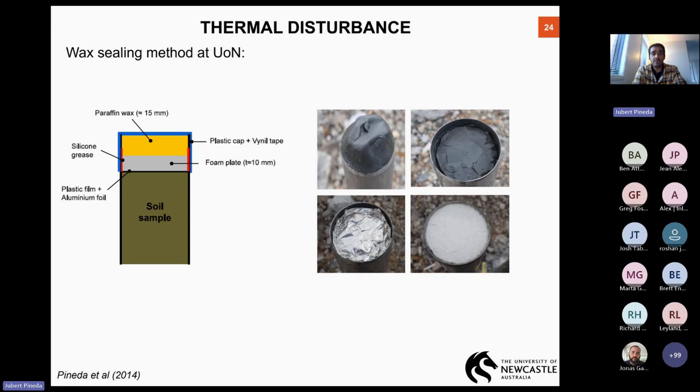What we normally use in our university, instead of putting the wax in direct contact with the soil, is a foam plate, which is 10 millimeters thick, you can see here. And on top of that, we put the wax, the paraffin wax. That minimizes a lot the thermal gradient induced by the wax into the natural soil. And therefore, we reduce sample disturbance a lot.